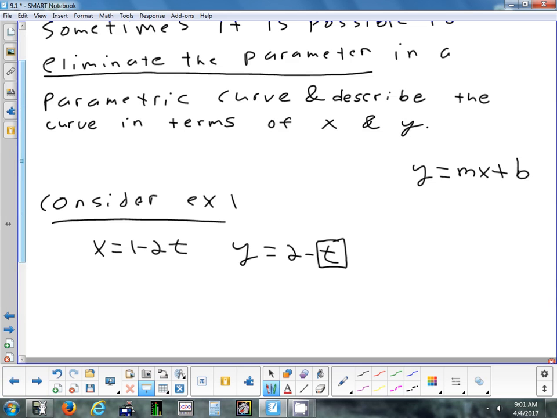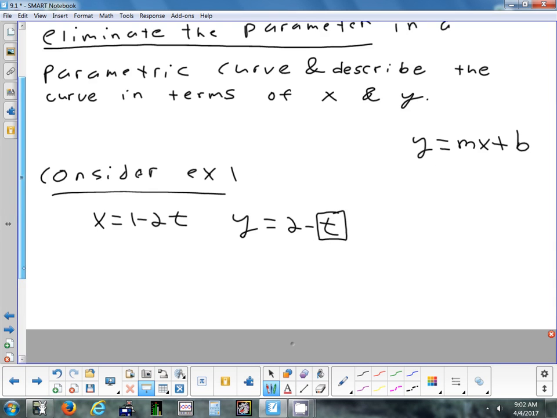X equals 1 minus 2t. Yeah. What would you have to do with this equation to get a formula for t? Get t alone. Yeah, if you can get t alone in this equation and then plug it in, that's how you eliminate the parameter. So if you want to write steps down, step 1, solve the x equals equation for t.